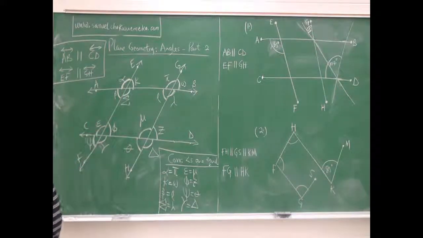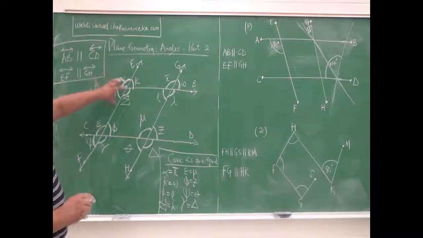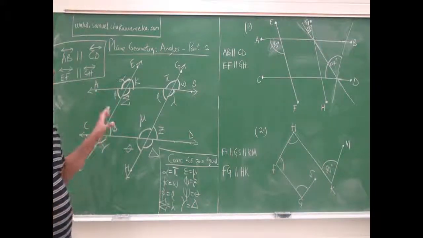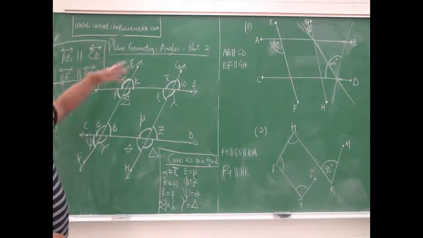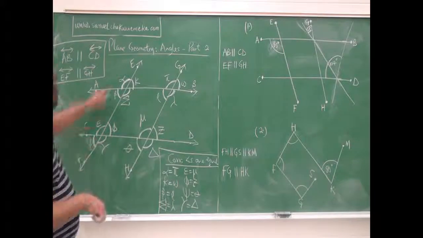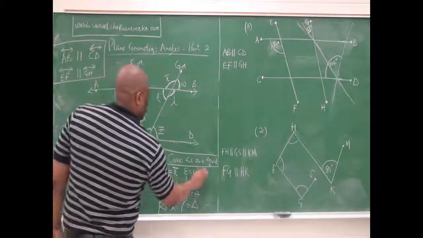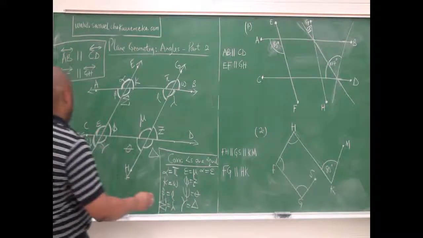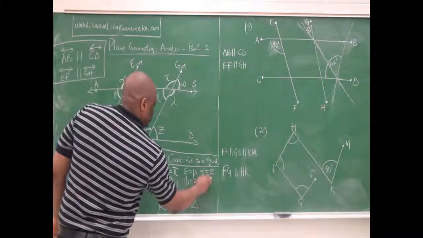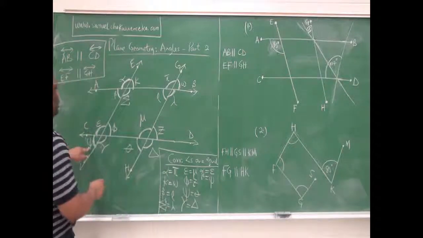Okay. Then it's not finished now. You now consider AB parallel to CD as your point of reference. So your traversals will be lines EF and GH. So alpha is equal to epsilon. Your beta is equal to psi.